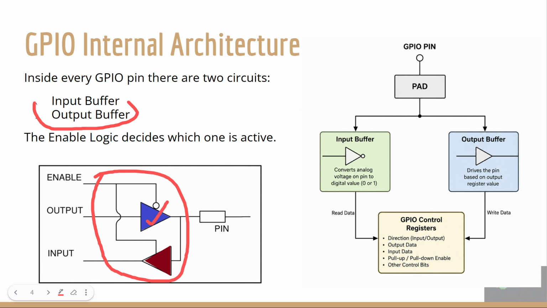One is the output buffer and another one is the input buffer, and these 2 buffers are controlled using a logic called the enable pin. The enable pin will select the particular function. This is the pin which is visible to us, via which we connect our probe or wires. Inside that we have this configuration, the output buffer as well as the input buffer. Which one is going to act, whether the pin acts as output or input, is decided using this enable pin. I hope it is clear now.